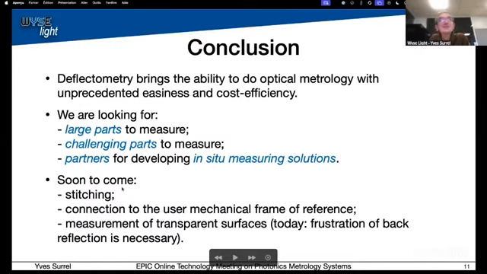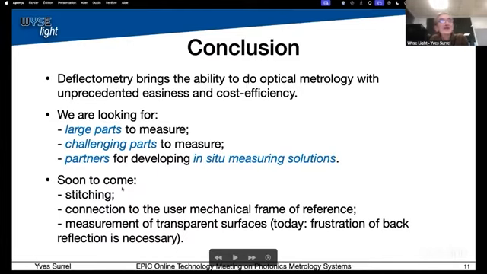Concave parts, we can measure large concave parts with the system you have seen. We have seen the picture. We have already measured 800 millimeter wide mirrors for the aerospace industry. And so we are looking to increase our knowledge and to have more use cases. We are looking for challenging parts to measure.